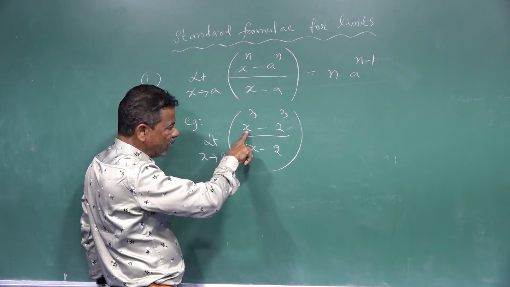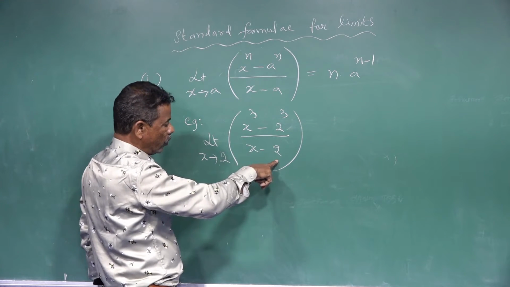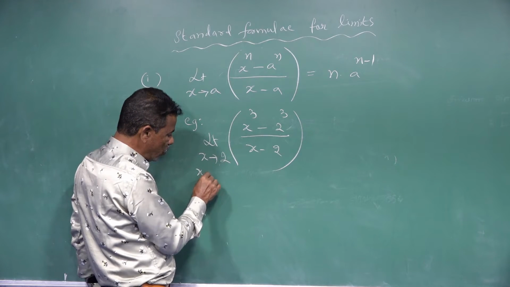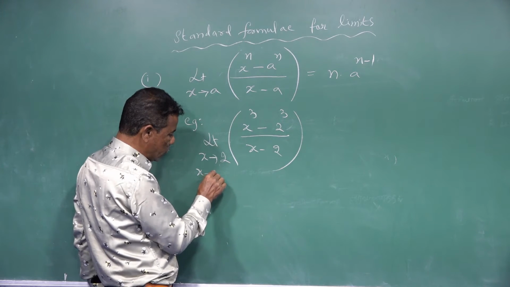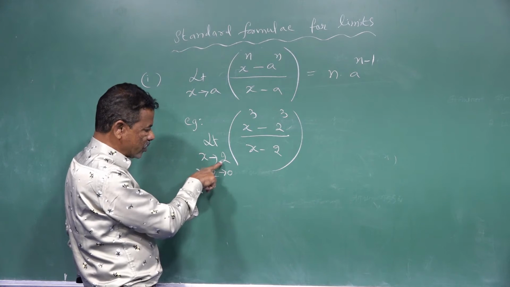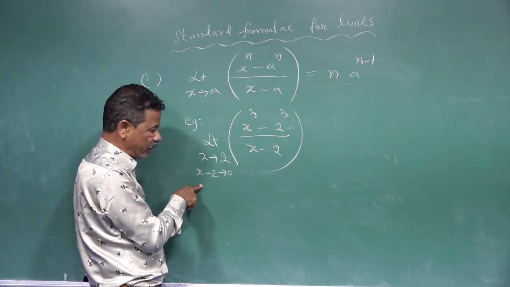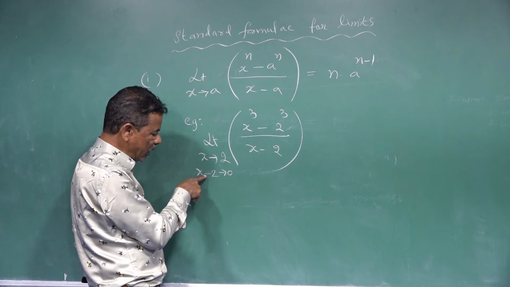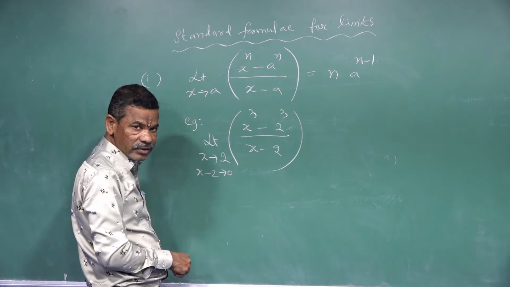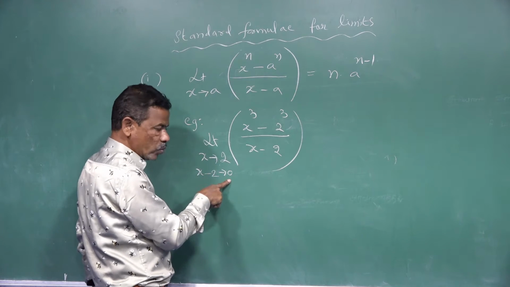You observe here x tends to 2. Otherwise, x minus 2 tends to 0. Both are the same. So x minus 2 tends to 0, not equal to 0. If it is 0, it is not defined.